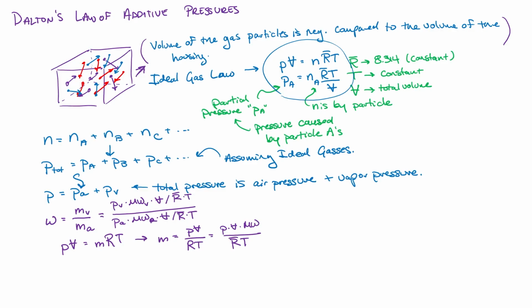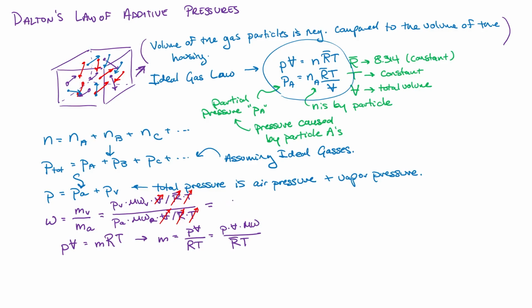And with this, what I can point out is that the volumes, I just said, we're using the same volume for this, so the volumes are going to cancel. R bar is a universal gas constant. It's going to work for everything. And our temperatures are the same, so they're going to go away, which is going to give us our final equation.